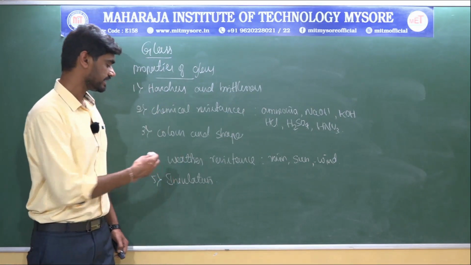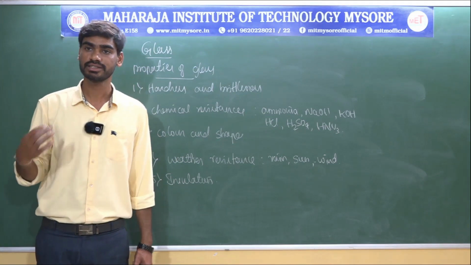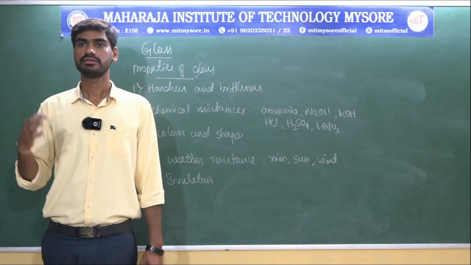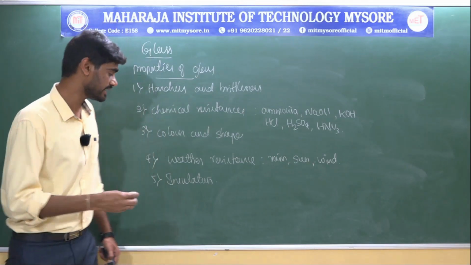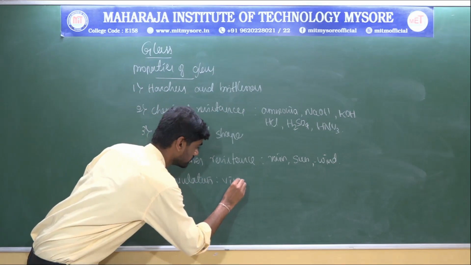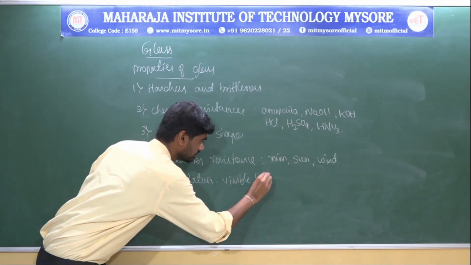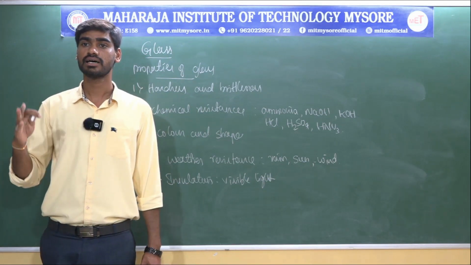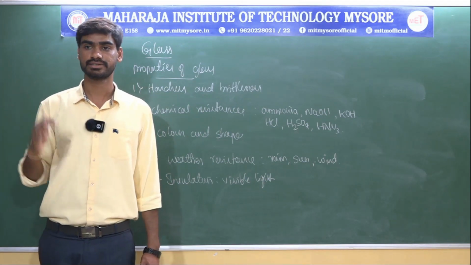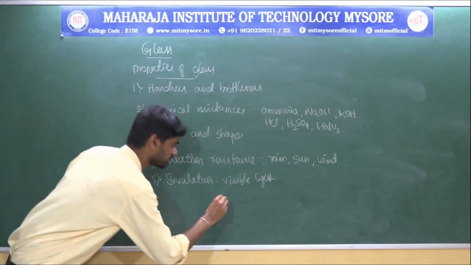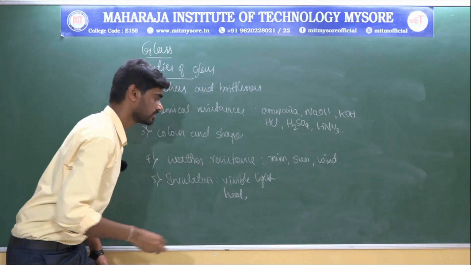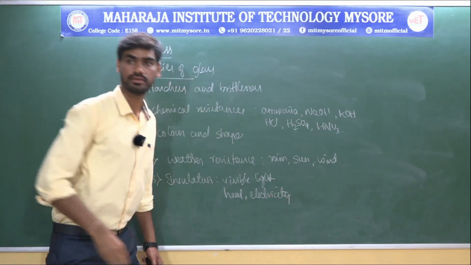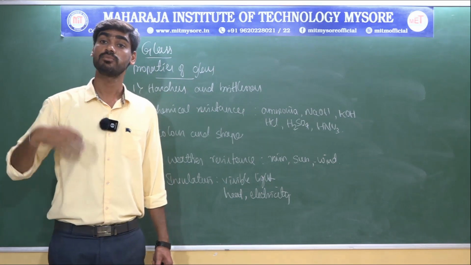The next important property of glass is insulation, due to its effective insulating property against the transmission of visible light. Glasses are excellent insulators against heat, electricity and electromagnetic radiations.